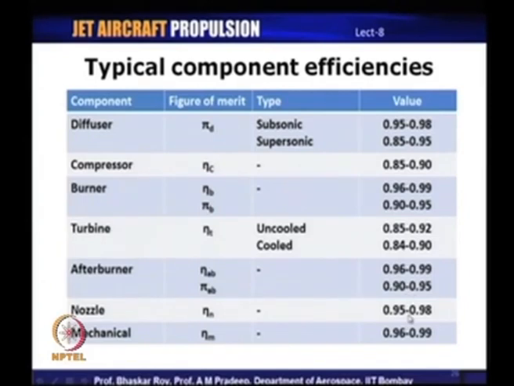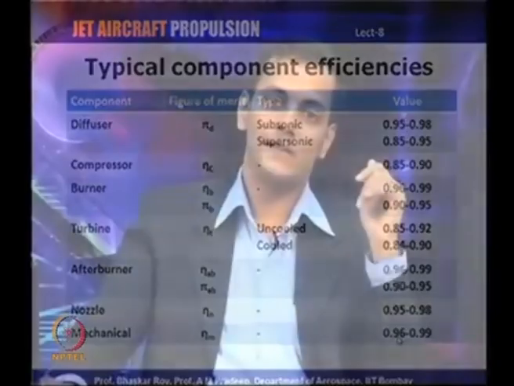Nozzle efficiencies usually vary from about 0.95 to 0.98. Mechanical efficiencies again vary from 0.96 to 0.99. These values give you an idea of how large these losses can be. As you can see, they vary between about 1 to 10% depending upon the nature of the loss.